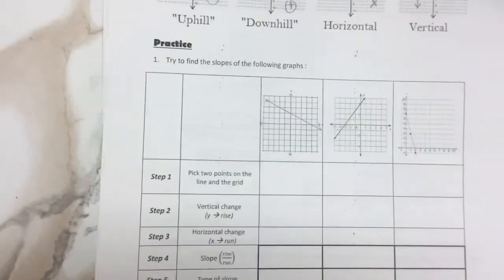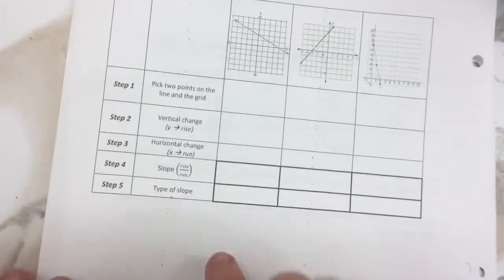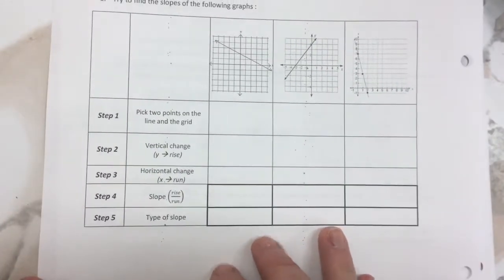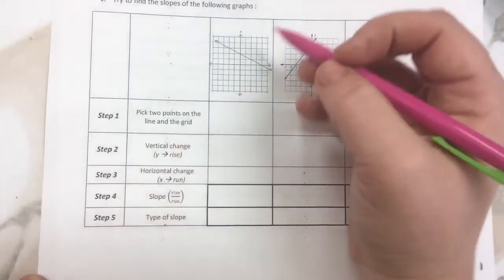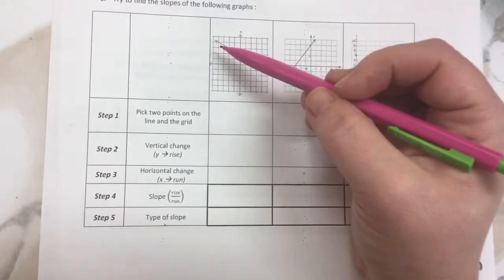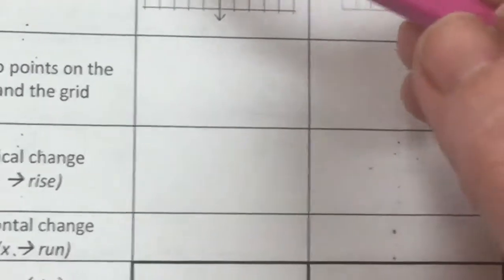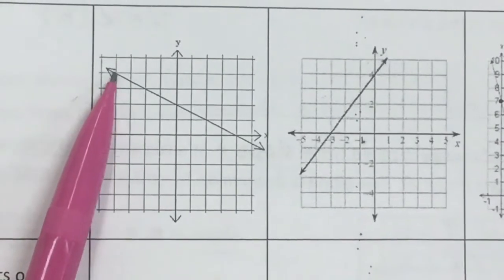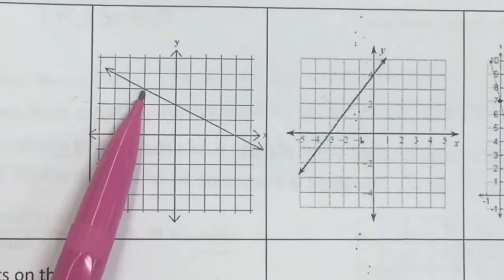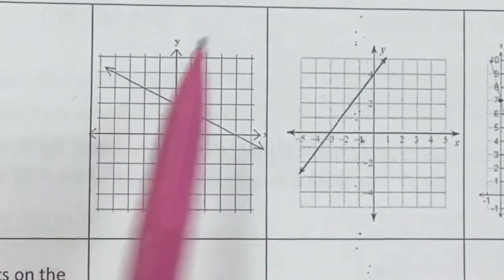All right, I'm gonna give you just one example of each, and then you can try the rest. So here it says pick 2 points on the line in the grid. I wanna show you how I'm actually going to pick these 2 points. If I'm going down the grid here, see how this is the first time it meets everything perfectly?